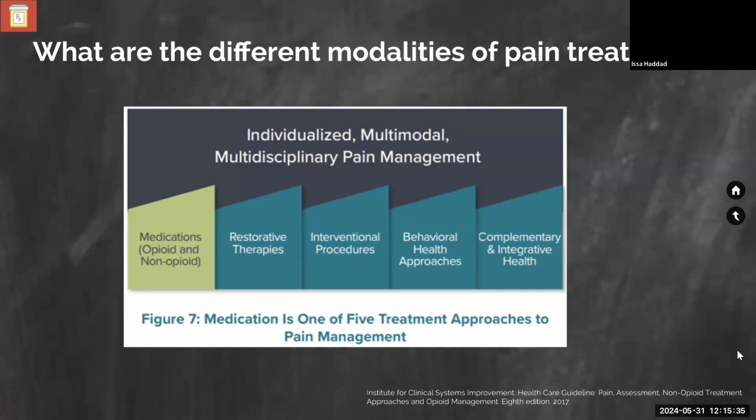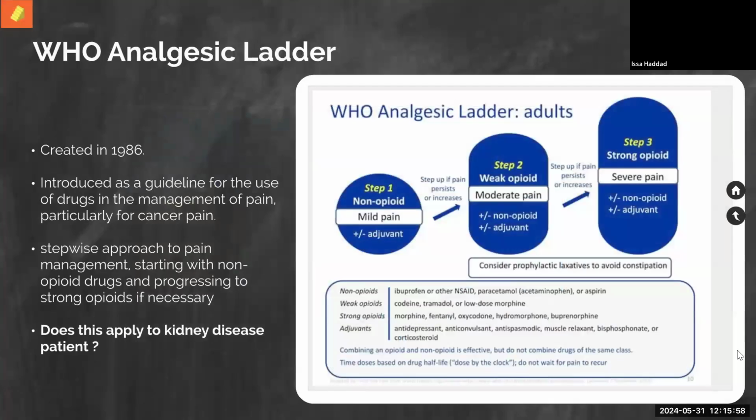There are 5 main approaches other than the medications: restorative therapies like physical therapy, interventional procedures, like a spinal stimulator, behavioral health approaches, where they target with behavioral therapy, and complementary and integrative, like a chiropractor.